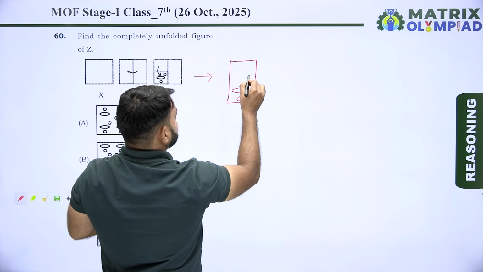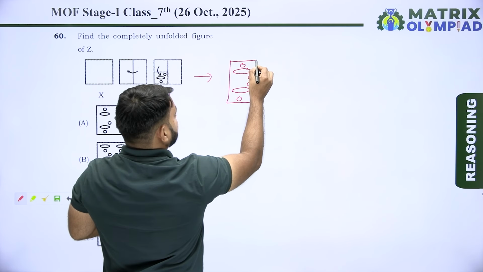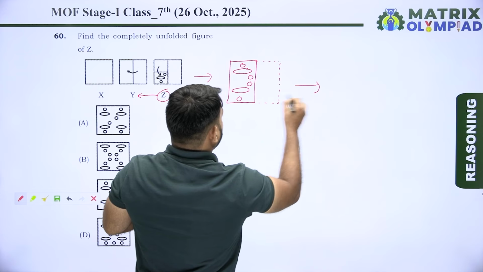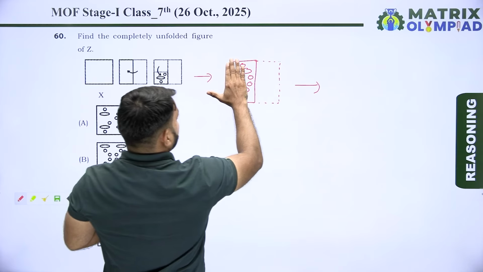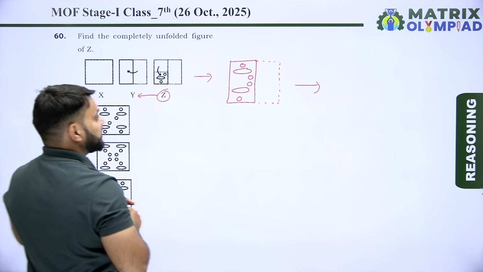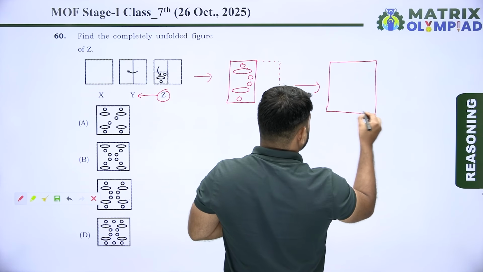And the mirror image of this part will look something like this. And this is the folded part. Now unfold this sheet. So this sheet will be unfolded in this direction because this sheet has been folded in this direction. So now unfold this sheet, then we get an image something like this.